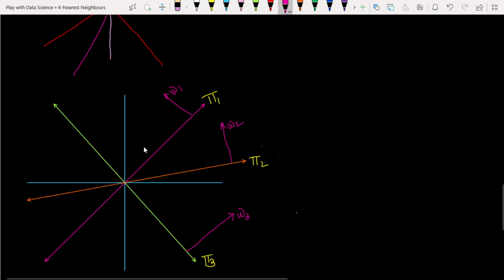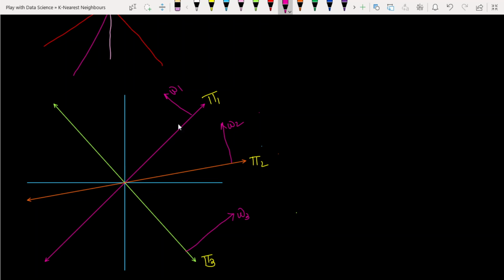So how many slices have we divided our whole space into? This is the first slice, second slice, third, fourth, fifth, sixth. 1 2 3 4 5 6, six slices.